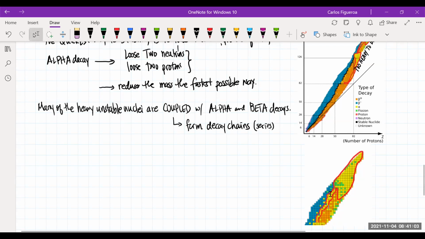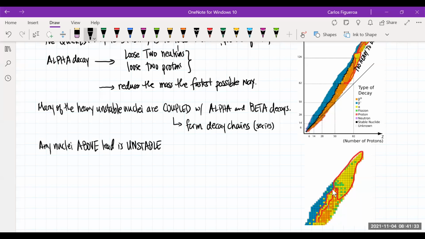So when I look at this thing, the way it is here is that any atom above lead is unstable. So any nuclei above lead is unstable. And we've discussed this numerous times.